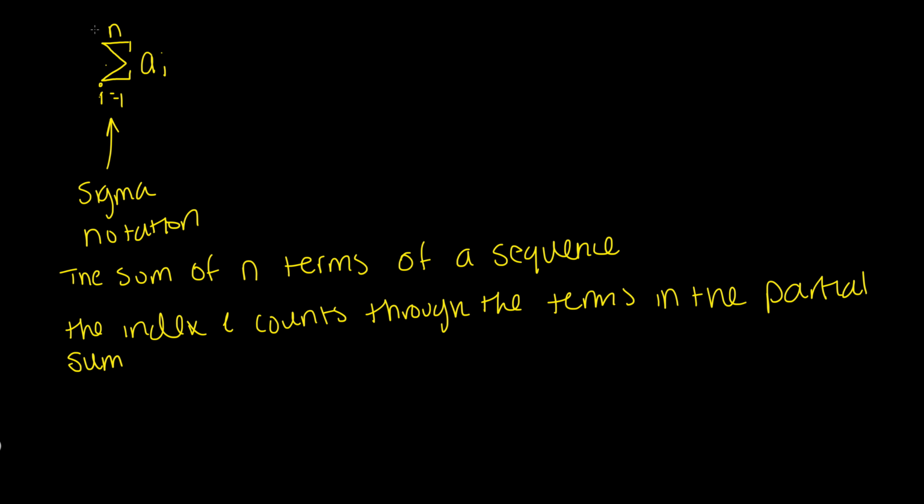So let's say this is sigma of a sub i, with i equals 1 to, I'm actually going to go to 4 to get an extra term. This is going to equal A1, so term value A1, plus term value A2, plus term value A3, plus term value A4.